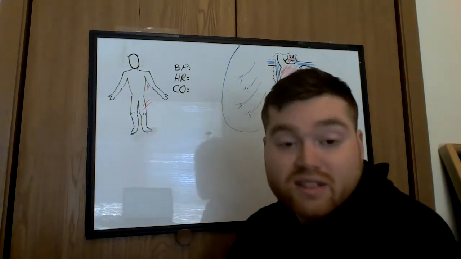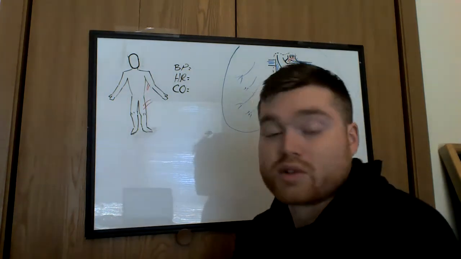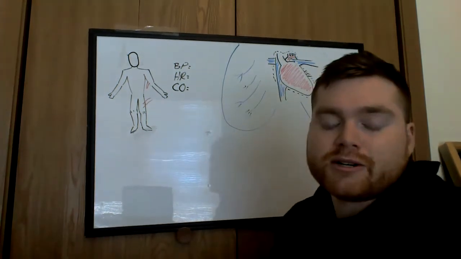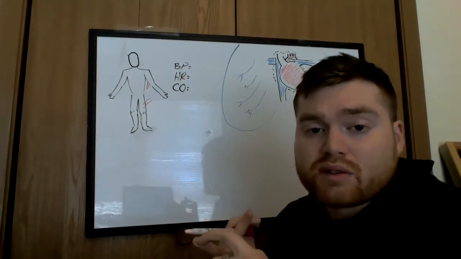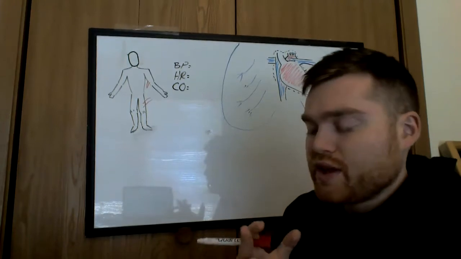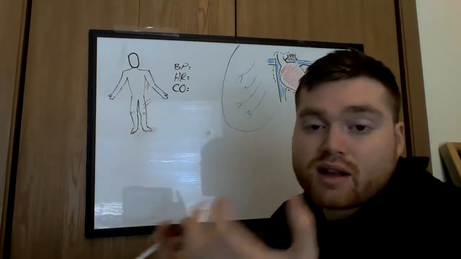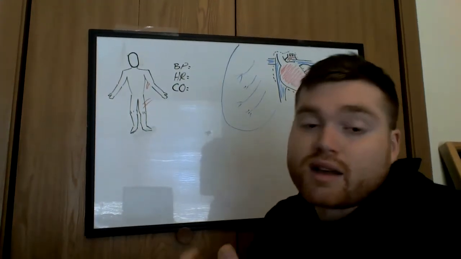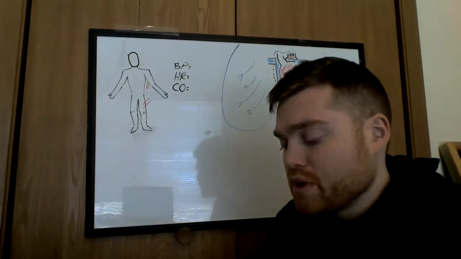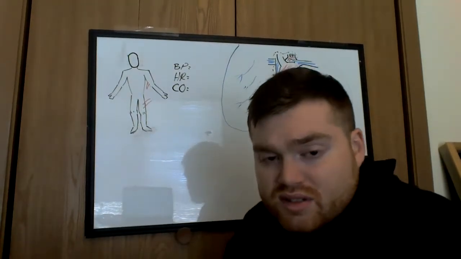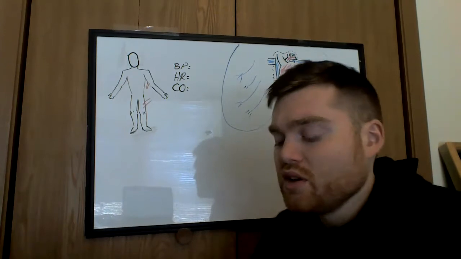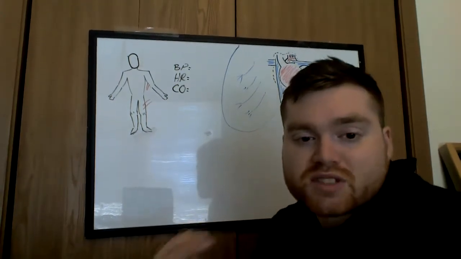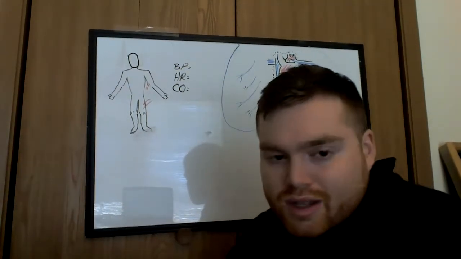If we want to treat fluid loss and burns, we want to make sure that we're getting them enough fluids. Typically that's going to mean an IV or something with ALS. But obviously, no matter what, we're going to be treating the stuff that we can fix right now as EMTs, which is stopping the bleed and assisting with the shunting process.